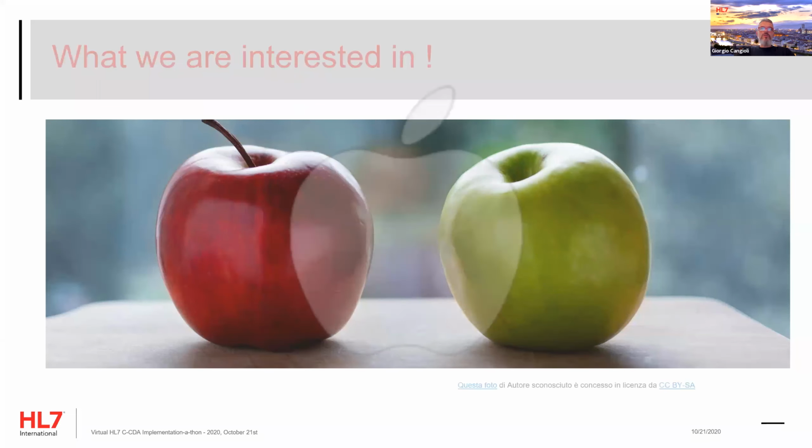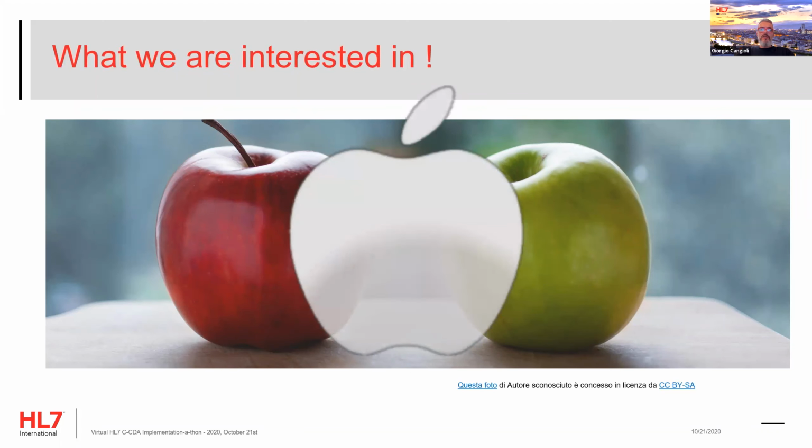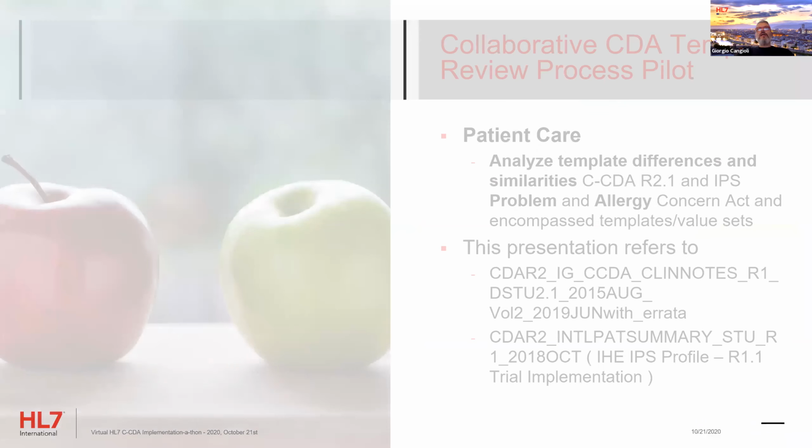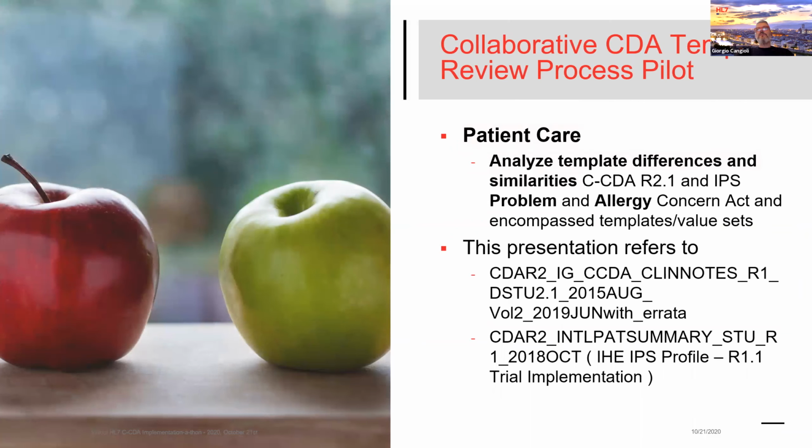But what we would like to focus on today is the similarities, and see how we can harmonize and find a sort of common denominator, in order to have in future the CDA and the IPS derived from a common template. This has been done starting from two topics, the allergy and the problem list, by relying on the activity started some time ago about the collaborative CDA template.